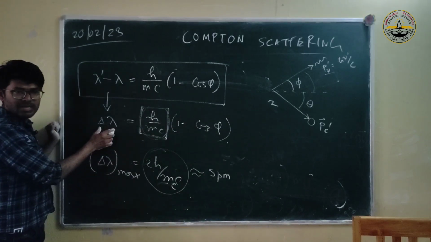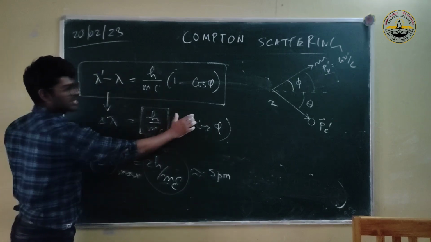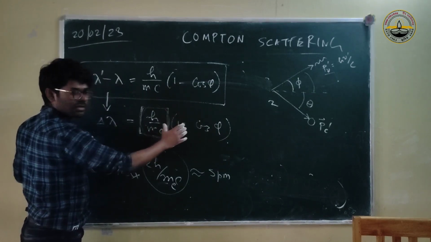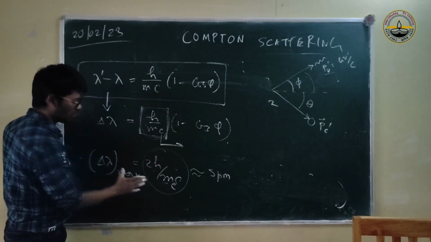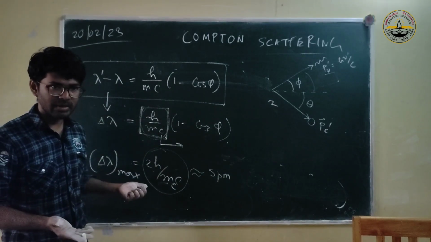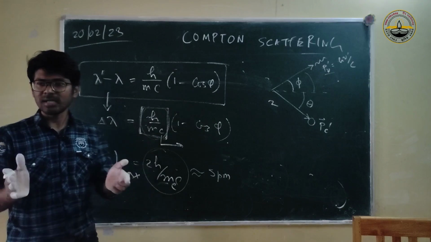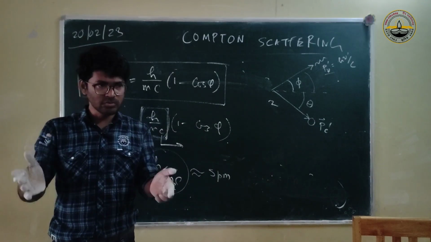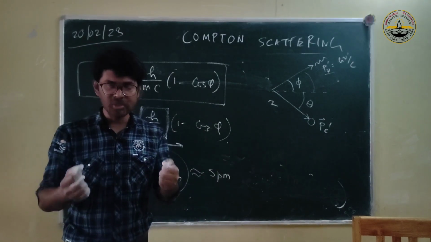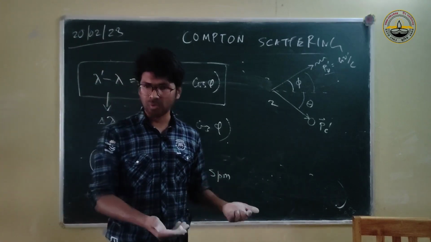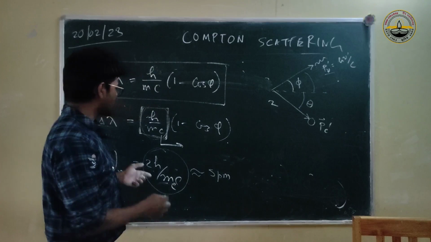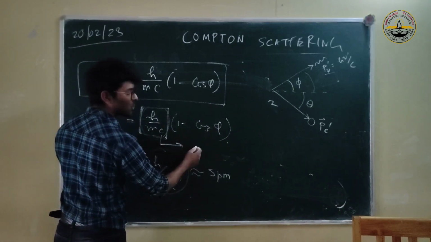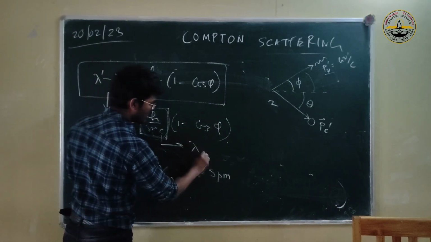Because lambda has a unit of length, and this doesn't have any dimension. So this is a unit of length, and it is kind of the measure of how much the change will be. 2h by mc, but at least the same order of h over mc. So it is the measure of how much change there will be in a wavelength if you send some light. So this is called Compton's wavelength, lambda c.